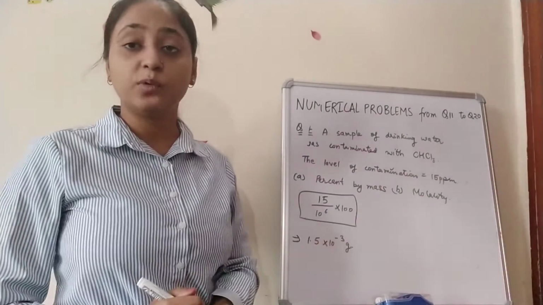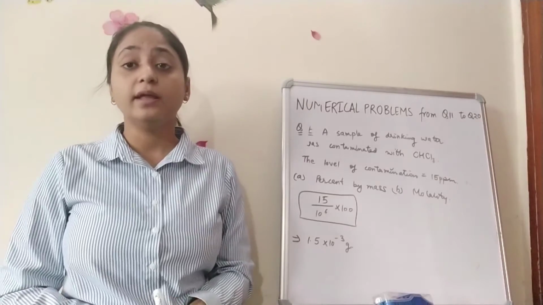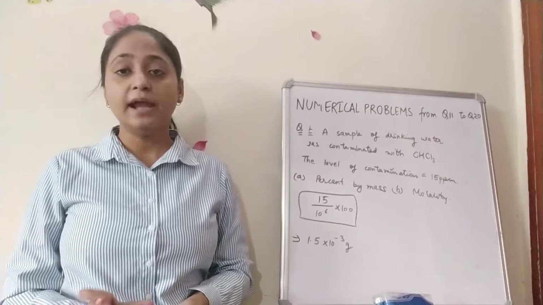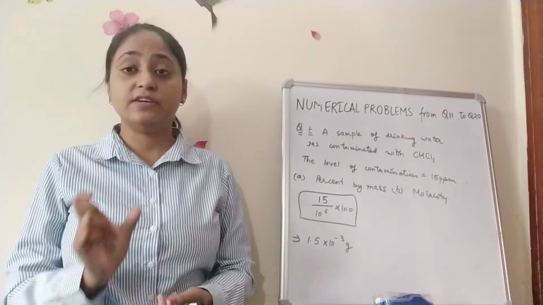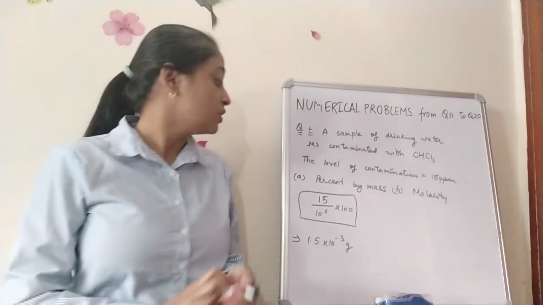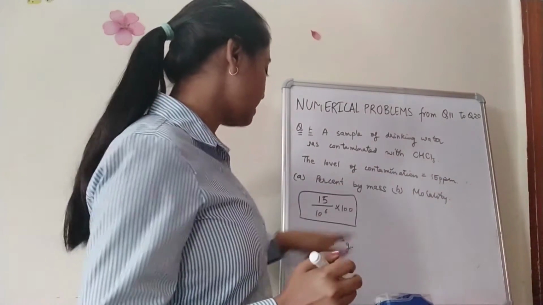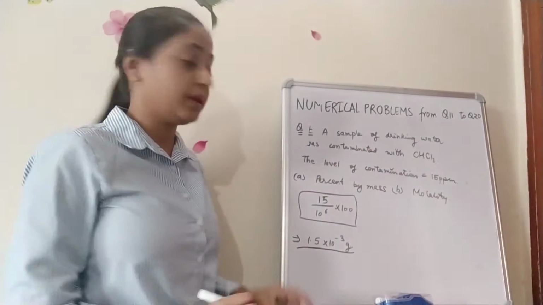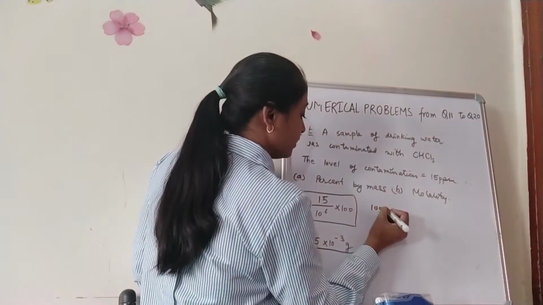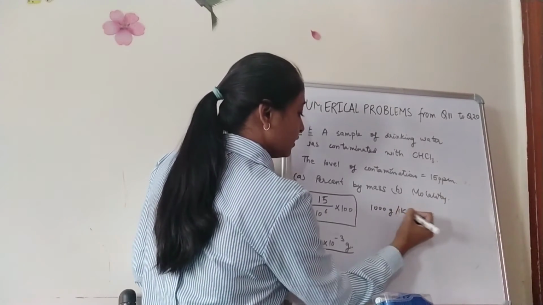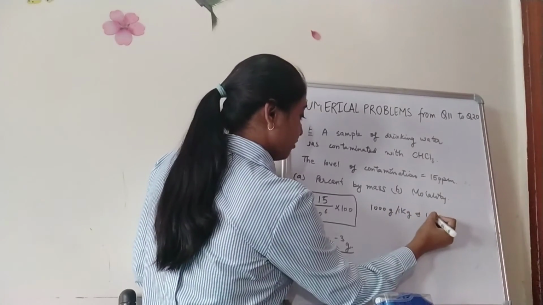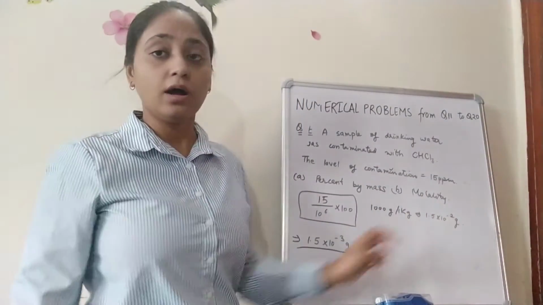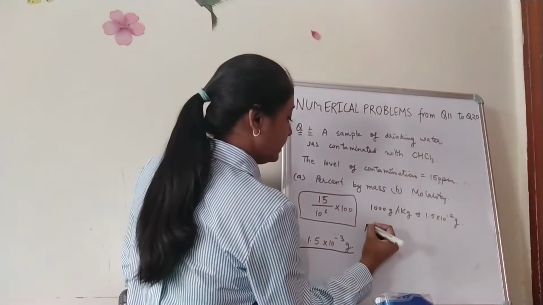Next we have to calculate the molality. What is molality? Number of moles of solute divided by mass of solvent in kg, right? So 1 kg equals 1000 gram. So if 100 gram has this much CHCl3, how much will 1000 gram have? So 1000 gram, that is 1 kg, will contain 1.5 into 10 to the power minus 2 gram, right? So how do we write the molality here?